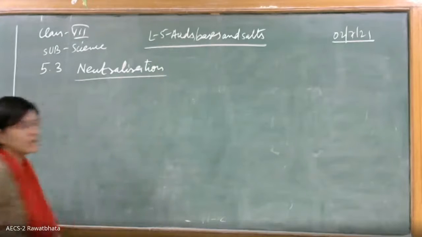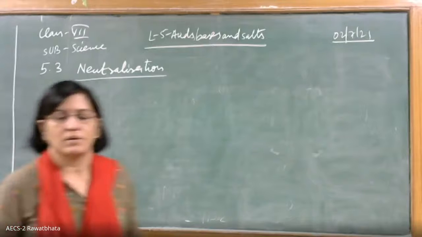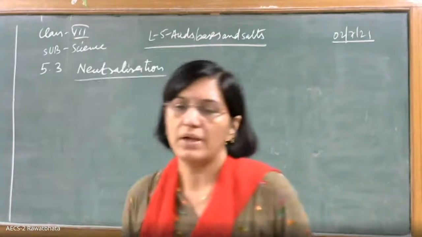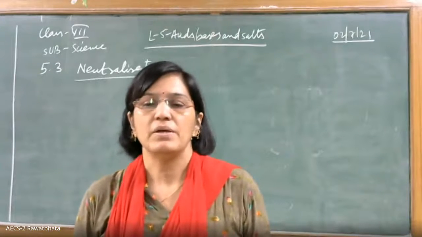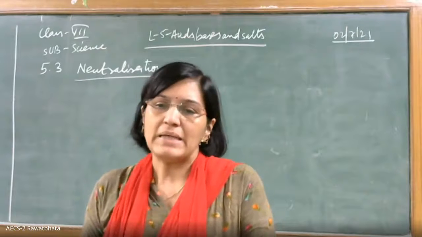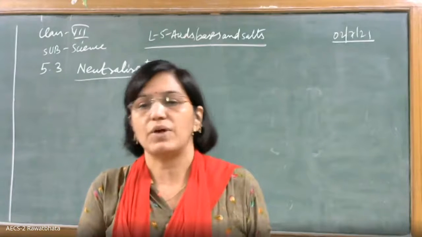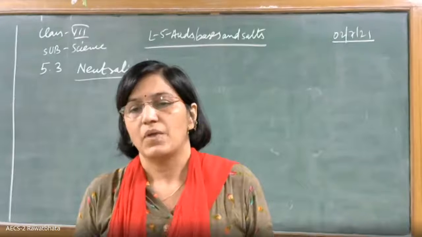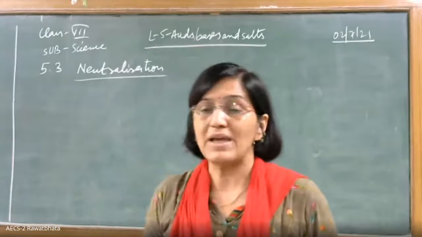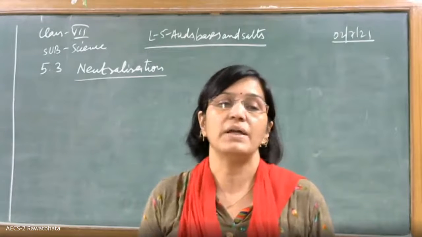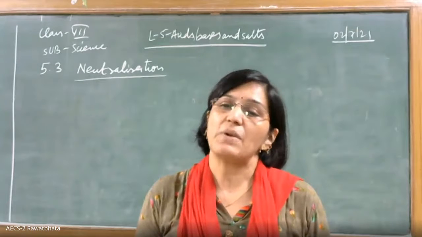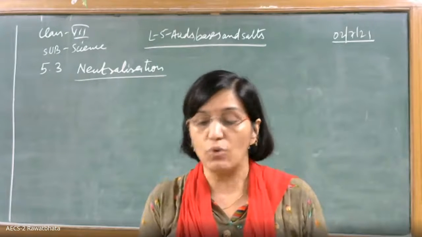I define neutralization in very simple terms: how a base can neutralize or nullify the effect of an acid. If, for example, we are holding an acid, how do we remove that acidity?